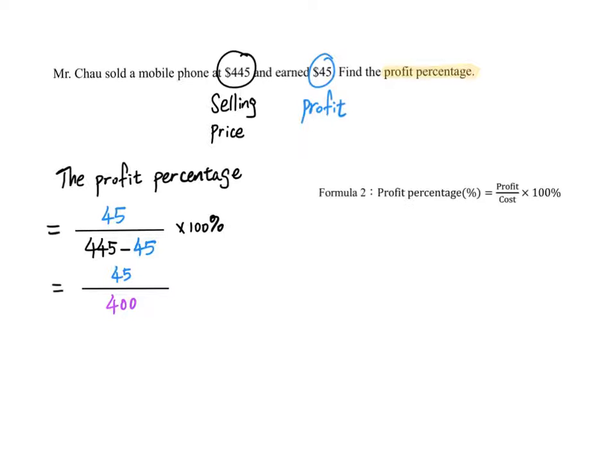You can see that the cost is $400 because he sold the mobile phone at $445, so he earned $45. So it is the final answer.